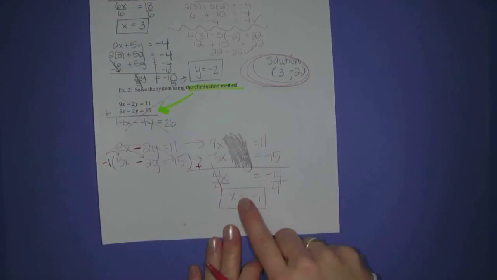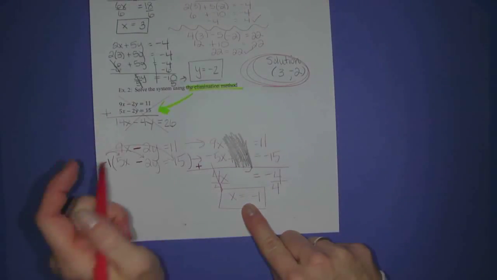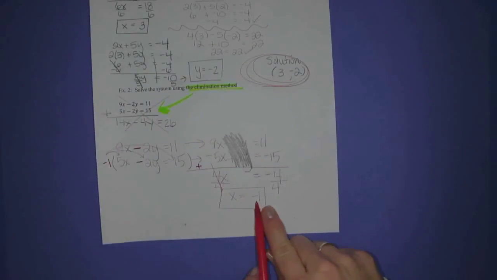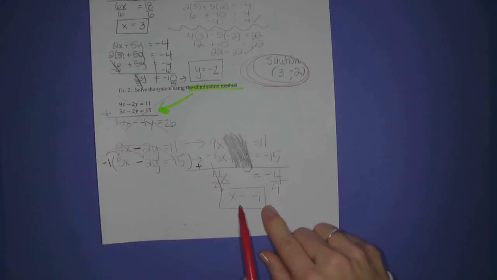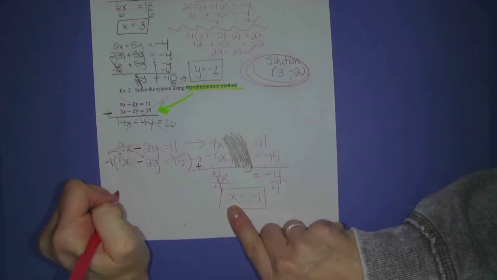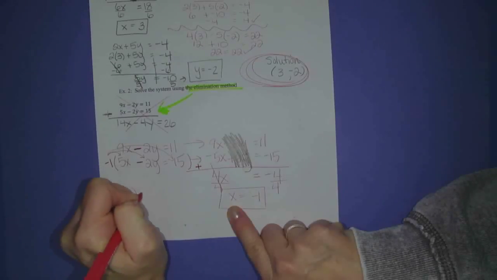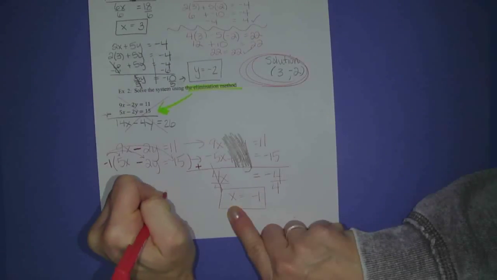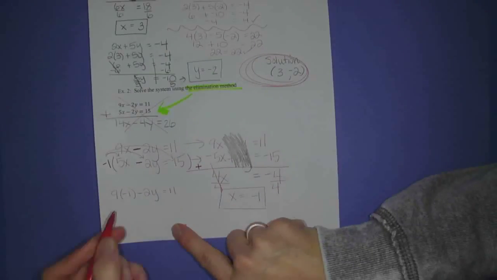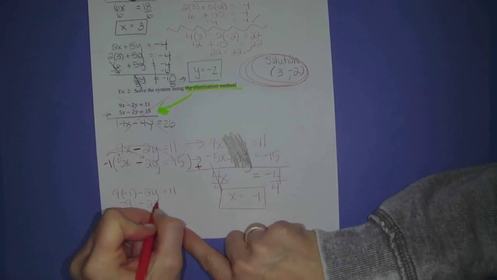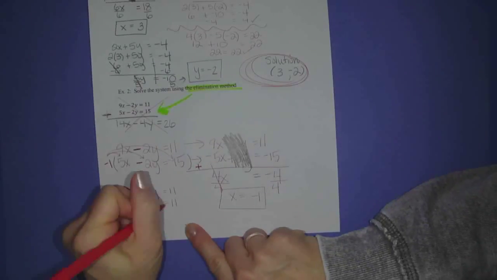Beautiful. Now to find y, I have to go back to one of my original equations and substitute in negative 1 for the x. So that will look like this. I'm going to use the top equation. 9 times negative 1 minus 2y equals 11. Okay, 9 times negative 1 is negative 9 minus 2y equals 11.